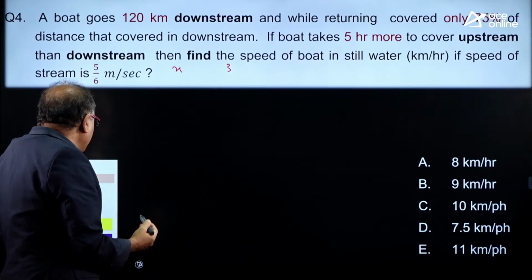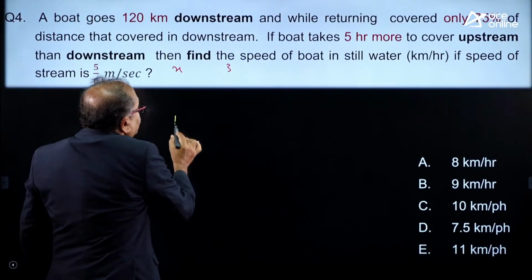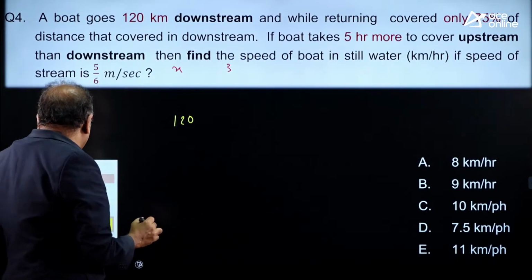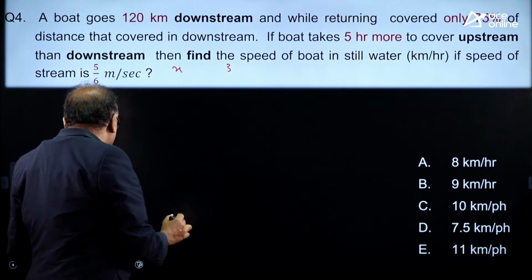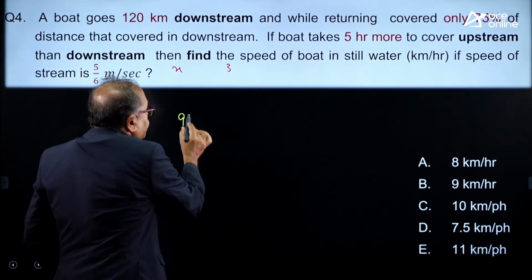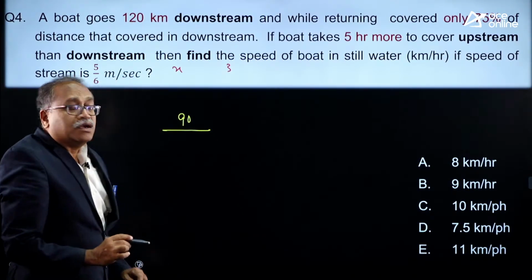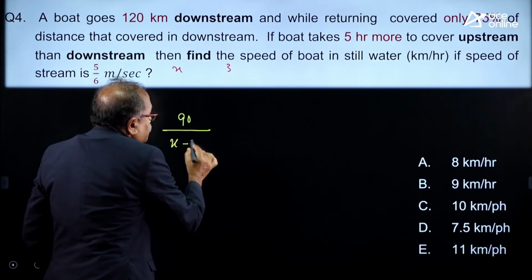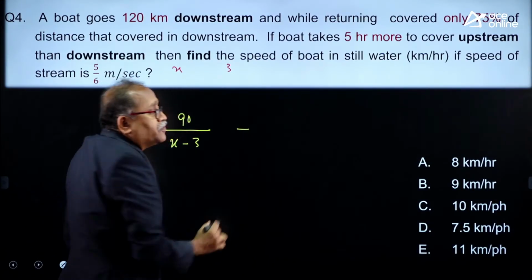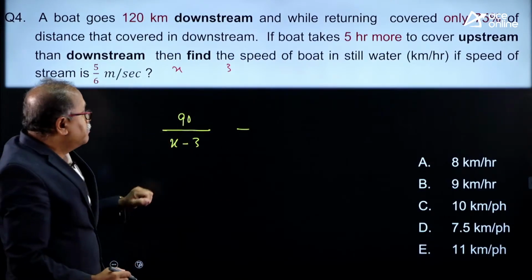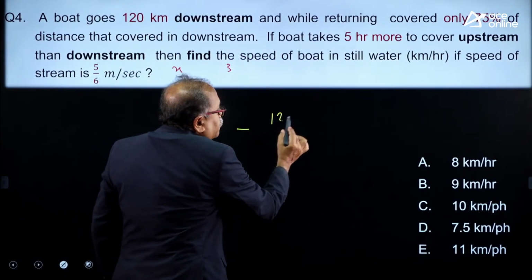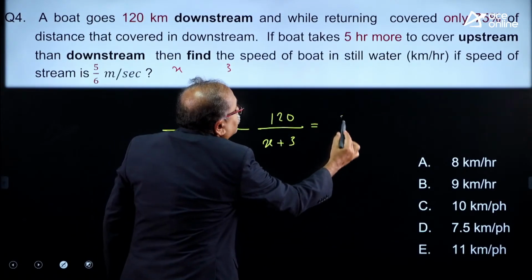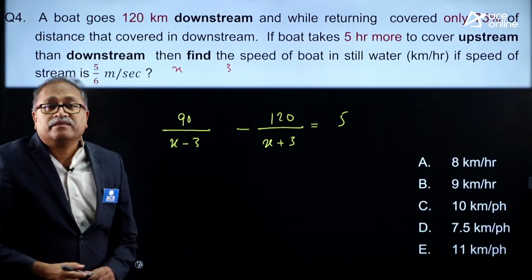Then what I am going to do here is 120, 90, this is 90 upstream, 90 by x minus 3, this is the time for upstream, minus time for downstream, 120 by x plus 3, and that is given to us as 5.